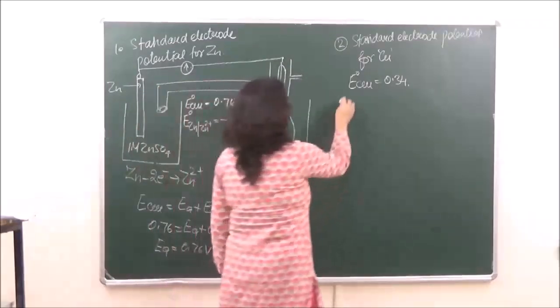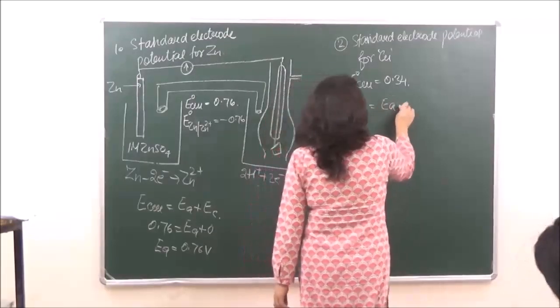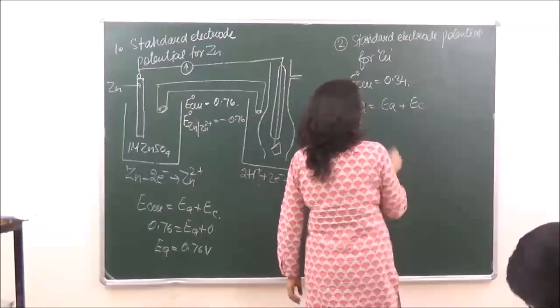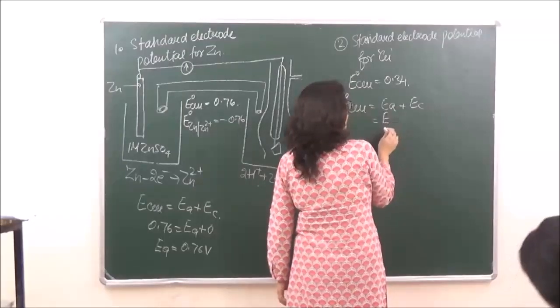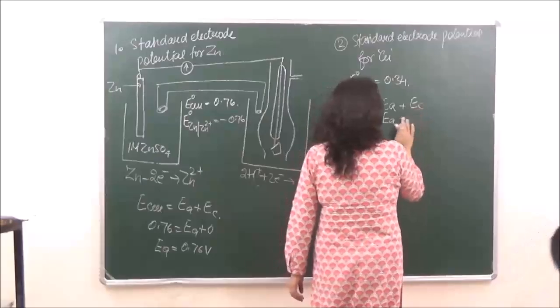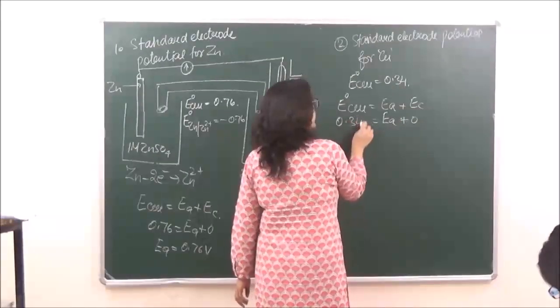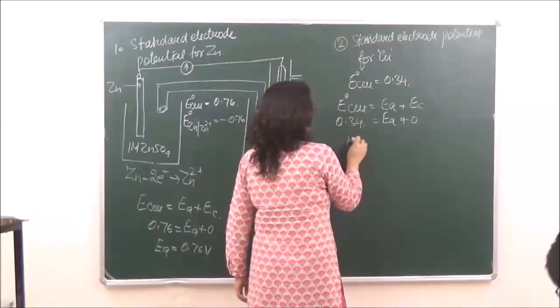Okay, so it means E naught cell is equal to E anode plus E cathode, where E cathode is 0 and the value coming is 0.34.